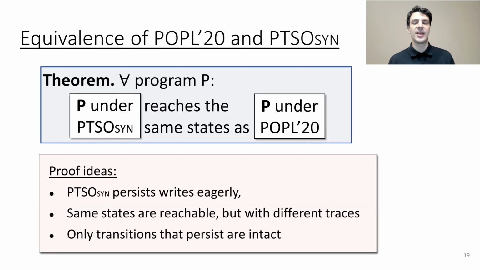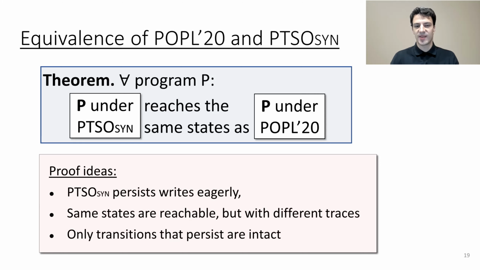And just to give you some ideas about how the proof goes, it is technical, but there is a main idea that the two models execute instructions differently. PTSOSYN persists writes eagerly, whereas the POPL 20 model doesn't actually need to persist them necessarily.